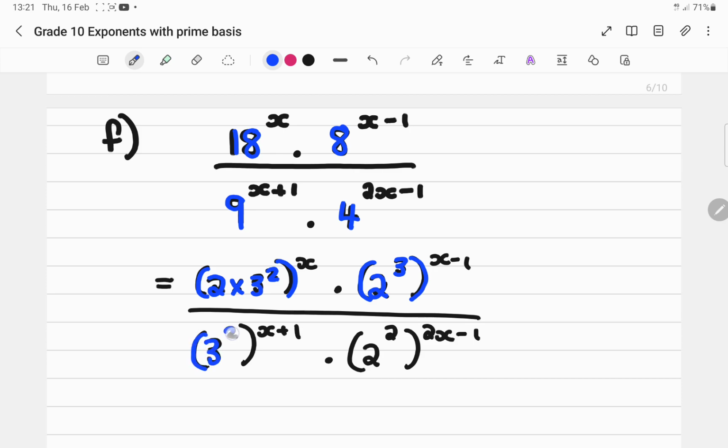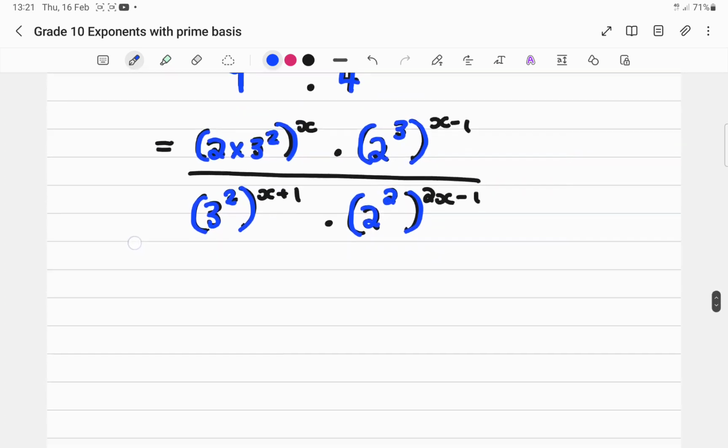I replaced it with 3 squared, all raised to the power x plus 1. And the 4 I replaced with 2 squared, and it's still all raised to the power 2x minus 1. So that's very doable. And then you just need to rely on your grade 9 exponent rules to further simplify.